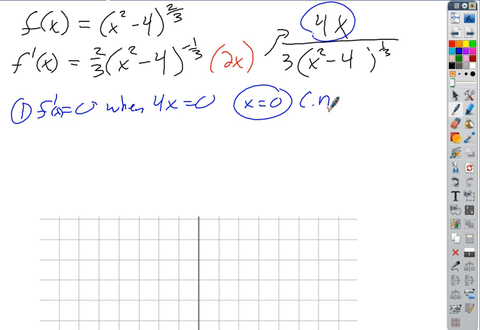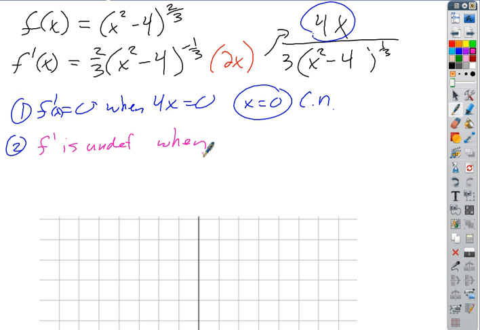Now let's find the second kind of critical number. Where is f prime undefined? When the bottom is 0. In the bottom, the only part we're really concerned about is the factor inside, because that's the only way the bottom can go to 0.